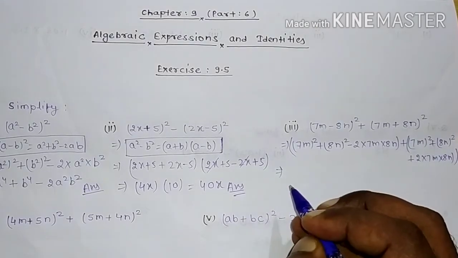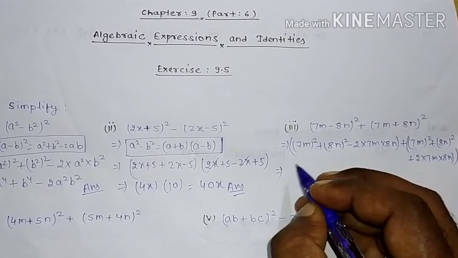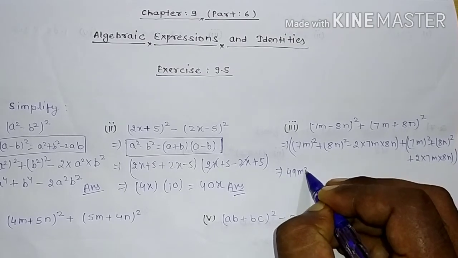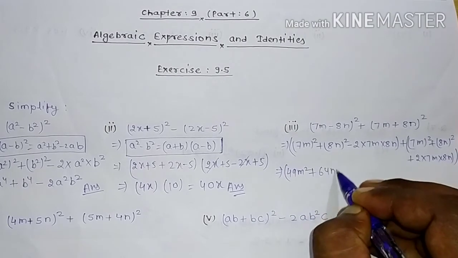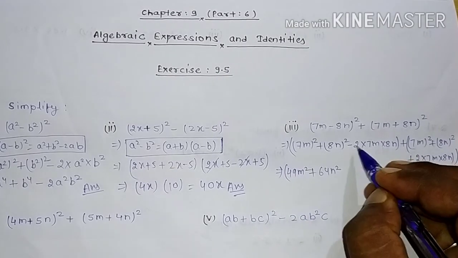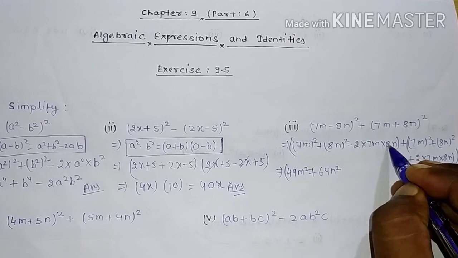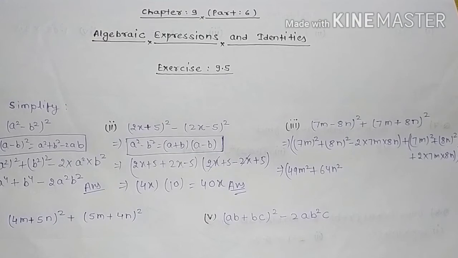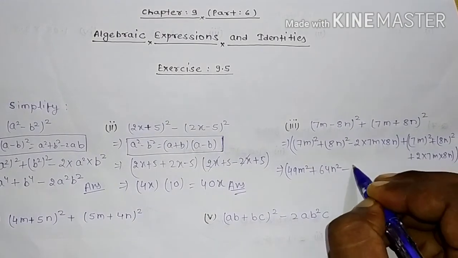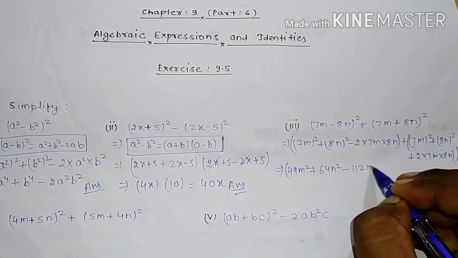So just simplify it. 7m whole square, that is 49m square, 8n square, that is 64n square, minus 2 into 7 into 8. So it will be minus 112mn.